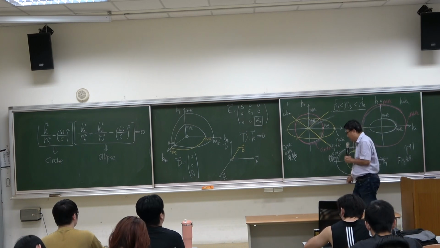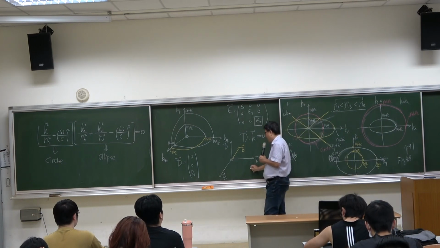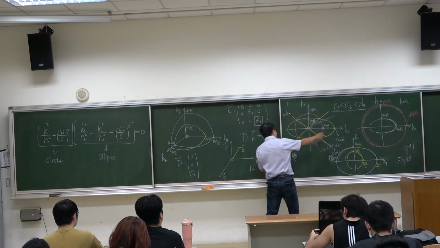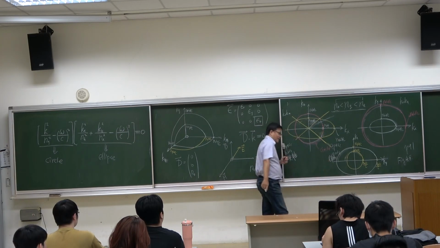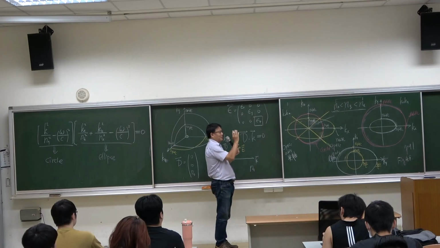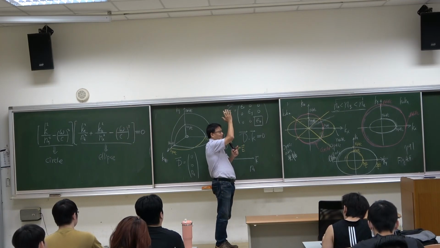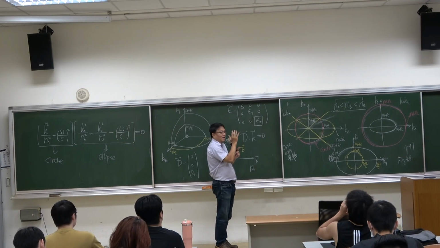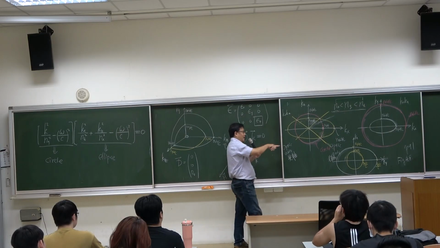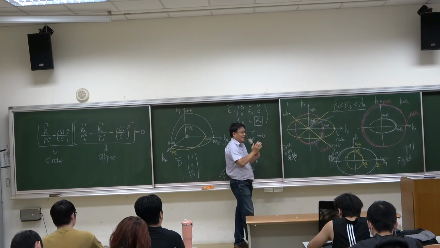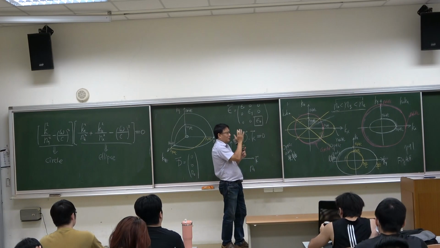Okay, so this nz means that the D vector is along the z direction. Propagation direction is along the x direction, and the D vector is along the z direction.